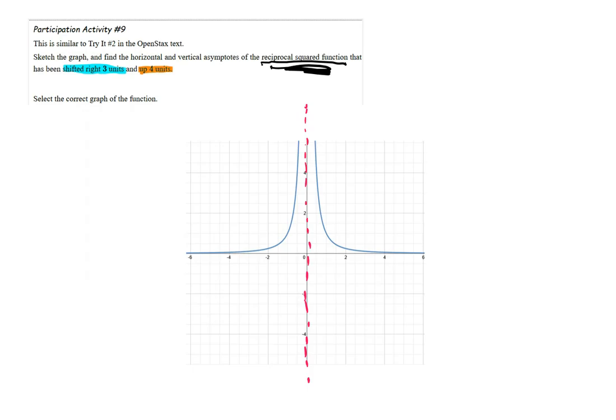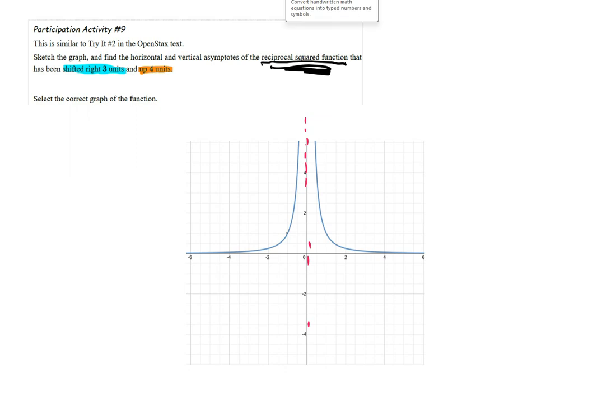An asymptote is this imaginary line that your graph cannot cross over. And so on the left here, as this thing is going up and up and up, it gets closer and closer to that y-axis, but it never crosses over it. And it does the same thing on this side. It just keeps getting closer and closer, but never crosses over it. So that's my vertical asymptote.